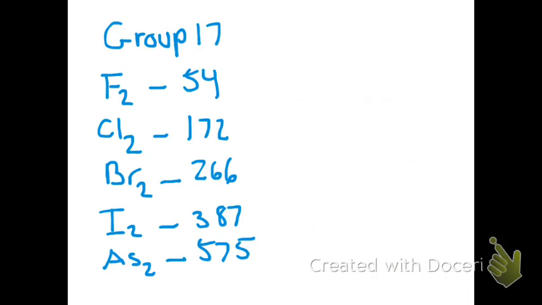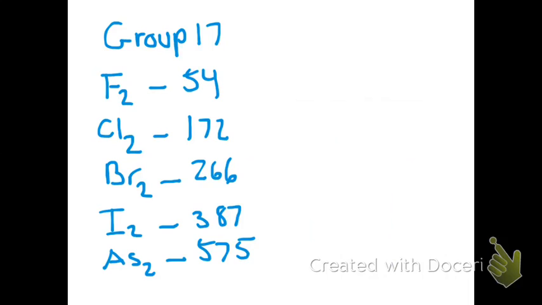So the bonding in group 17 is going to be dictated by van der Waals forces. These are all nonpolar elements, so fluorine, chlorine, bromine, iodine, astatine. So the bonding that's really determining the melting point here for group 17 is van der Waals forces.